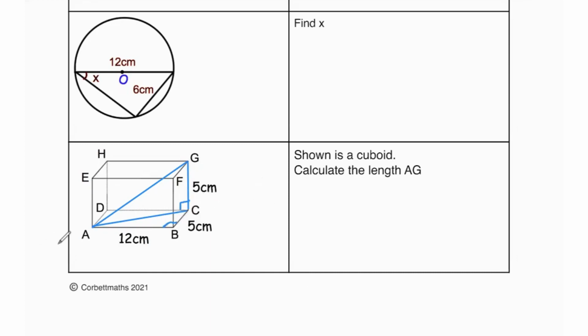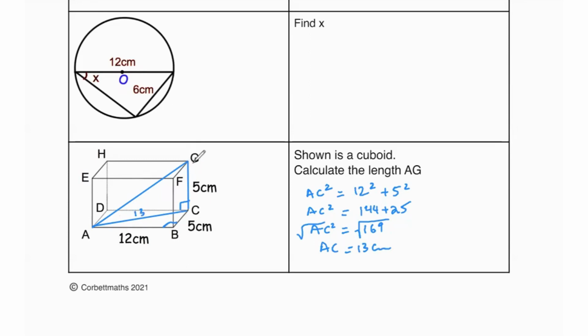We need to find the hypotenuse. So AC² = 12² + 5². It's going to be 144 plus 25, which is 169. Square root both sides, and AC is 13 centimeters.